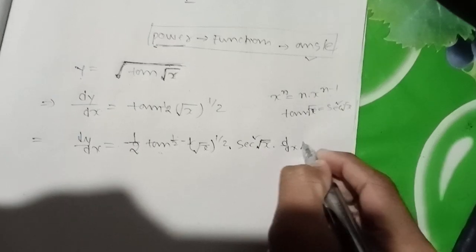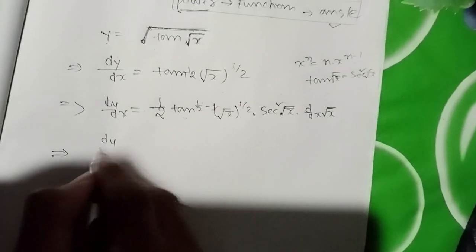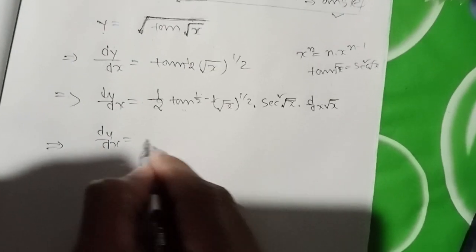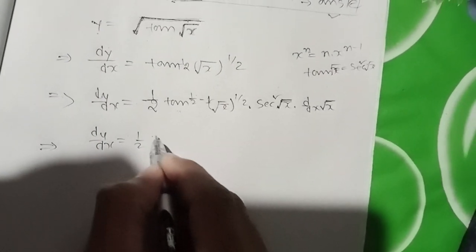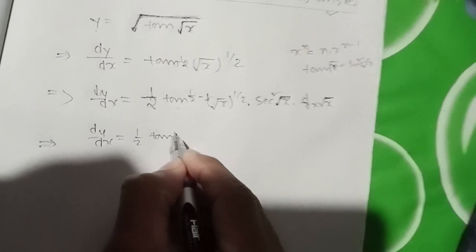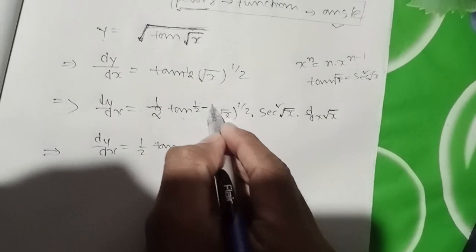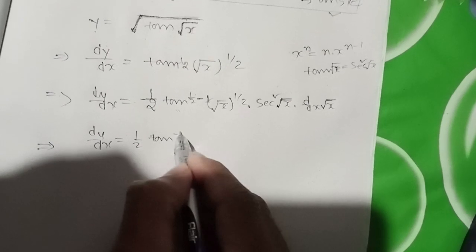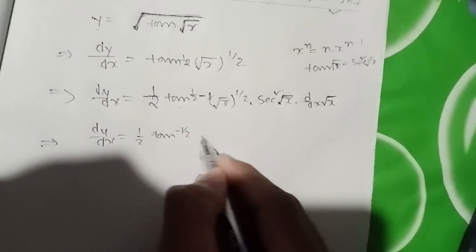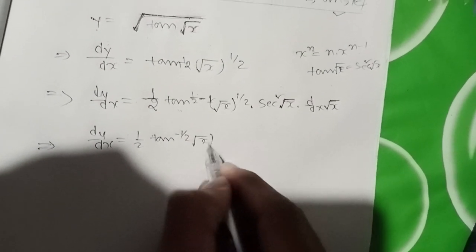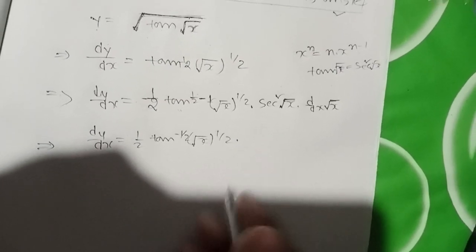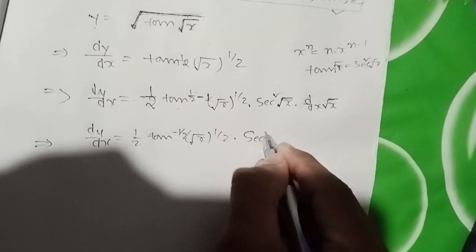So dy by dx equals 1 by 2 tan. When you subtract half from 1, we get minus 1 by 2 half, and this angle is as it is. And sec square under root over x as it is.